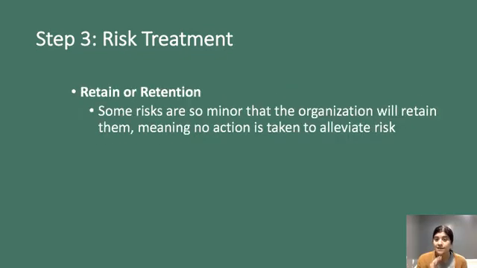All right, the last potential treatment method here is called retention. So if you're choosing the retention method of treatment, you've basically decided that, hey, this risk is so minor, meaning that there's low harm, there's a low level of severity, and it's very rare.